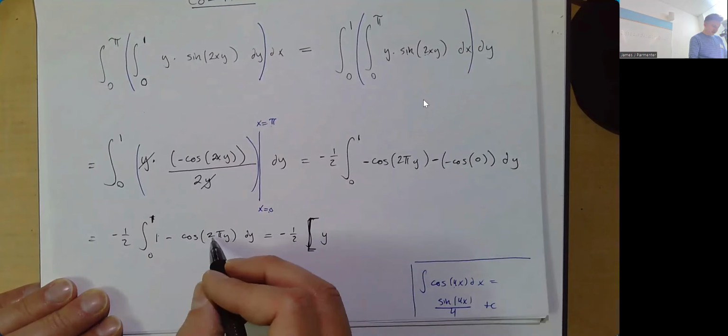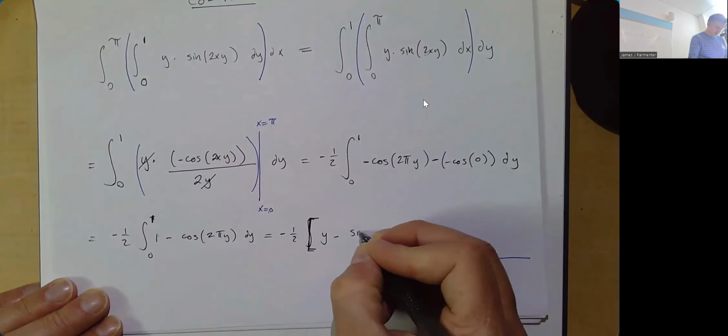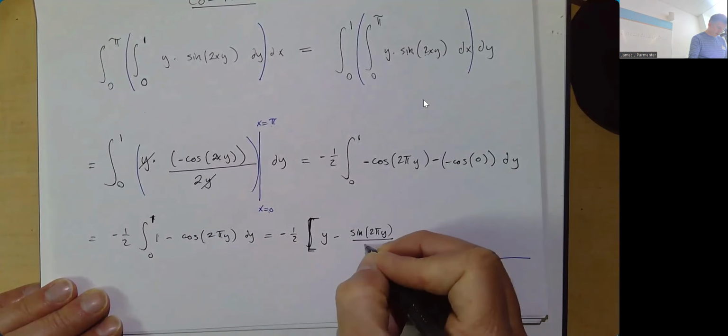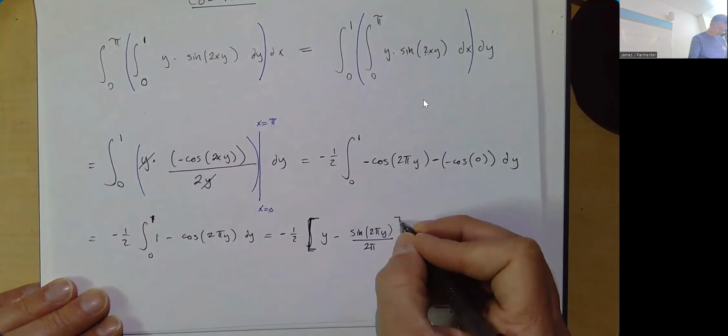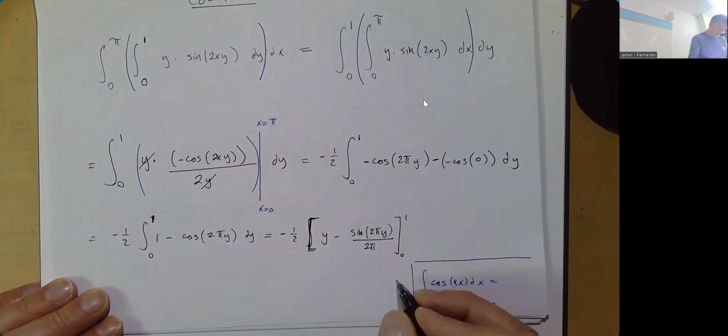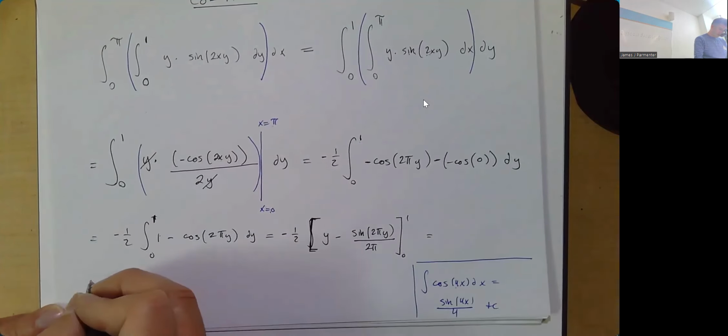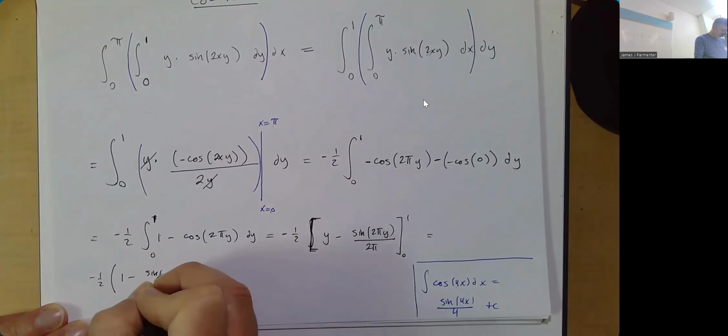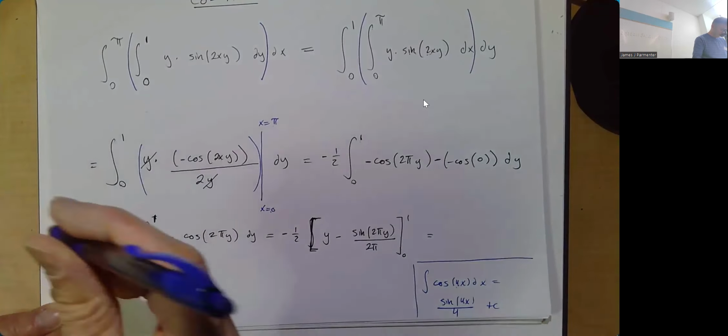The antiderivative of cosine of 2 pi y is going to be sine of 2 pi y divided by the coefficient of y, which is 2 pi, from 0 to 1. We plug in, we get negative 1/2 times 1 minus sine of 2 pi over 2 pi. The sine of 2 pi is 0.